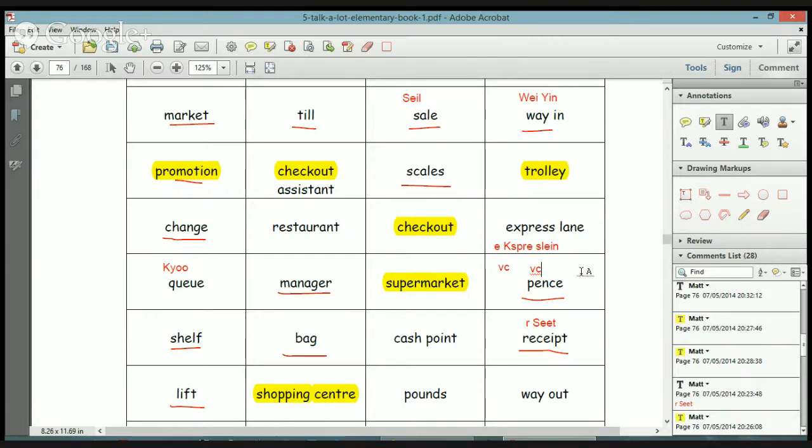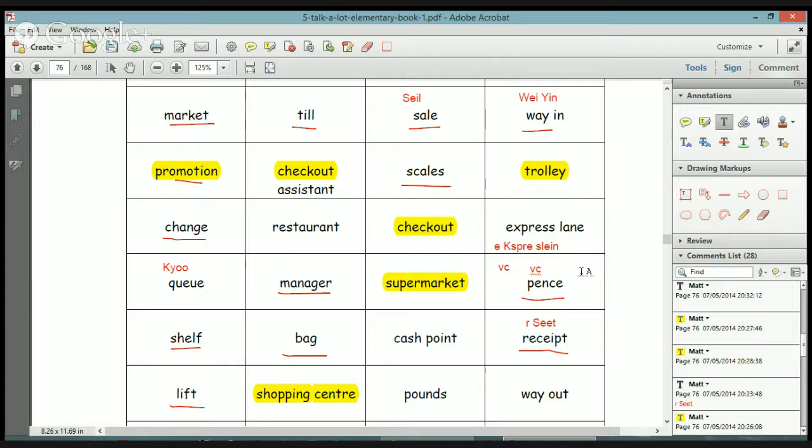Cash, it's one syllable, stressed one. Point, it's the second. Sounds funny, doesn't it? But that's how it is. Way out, it's the same situation. So, a little bit about connected speech. We can look at that another time as well.